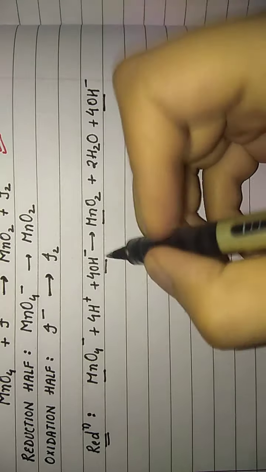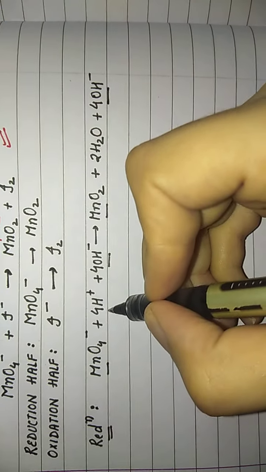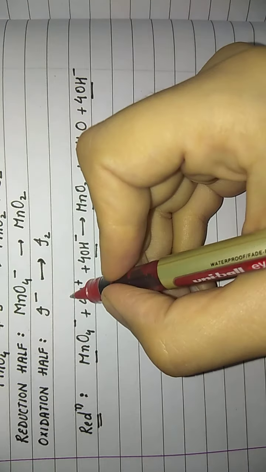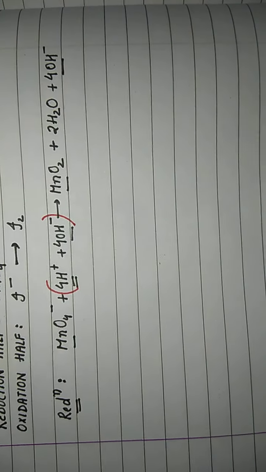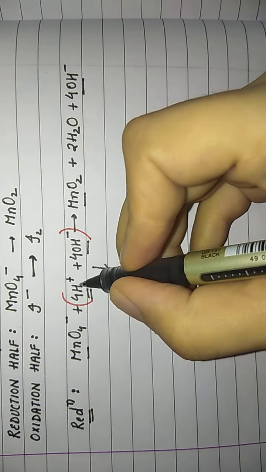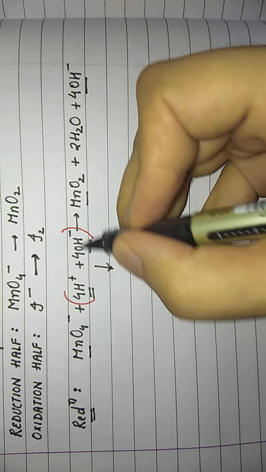But make sure that the number of hydroxide ions you add is equal to the number of hydrogen ions present. Now hydrogen ion and hydroxide ion, H⁺ and OH⁻, combine to give you H2O.